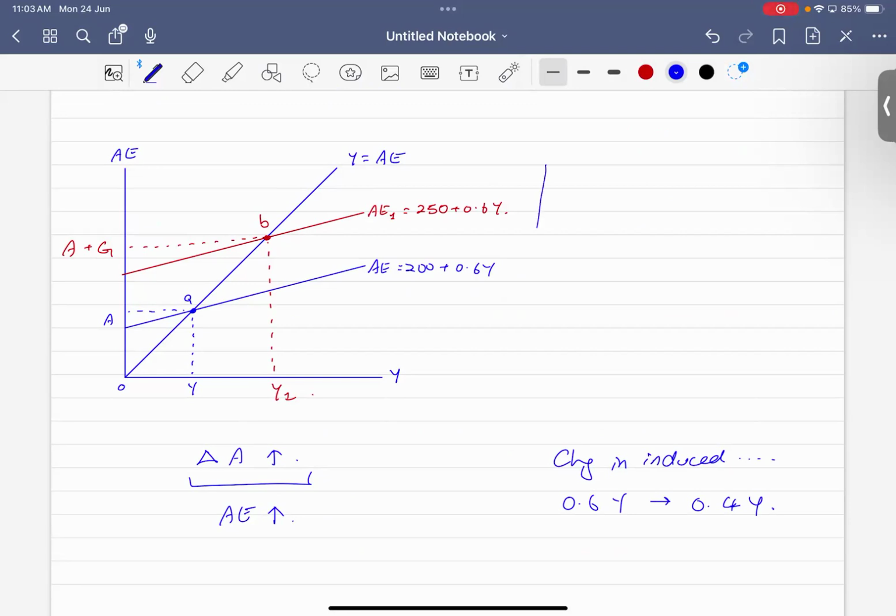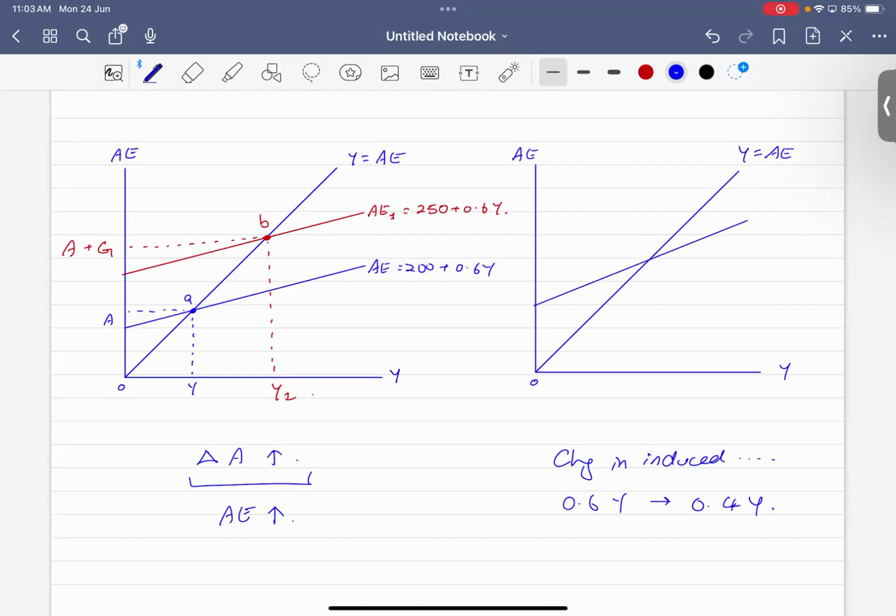Same thing, we draw the y-axis and x-axis, origin, AE, output, 45 degrees, y equals AE, and then the initial aggregate expenditure. Let's say AE equals 200 plus 0.6y at first, at point A at this output.